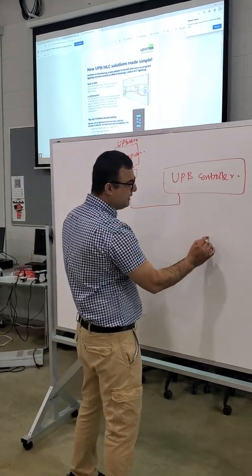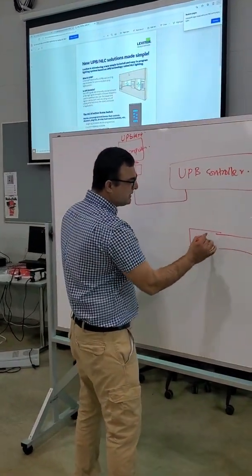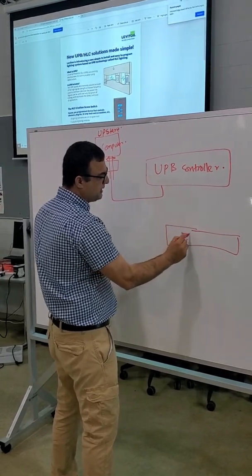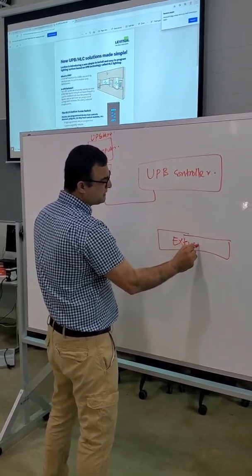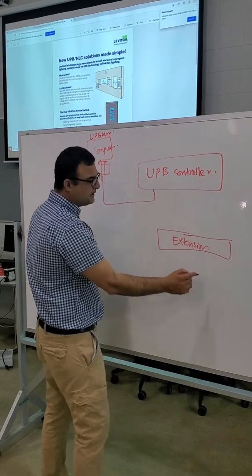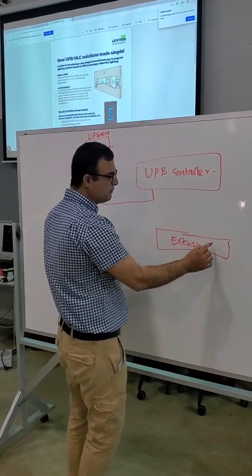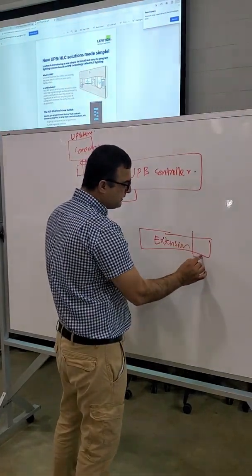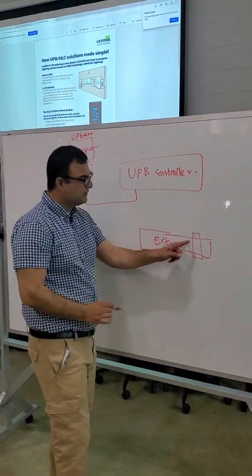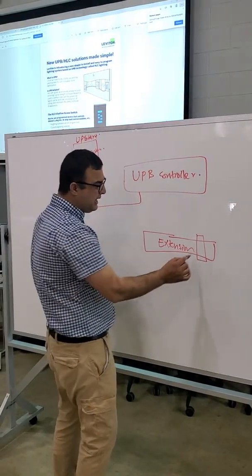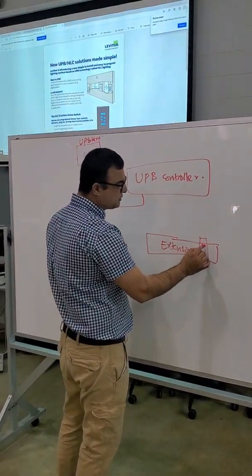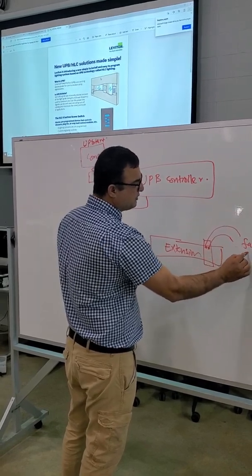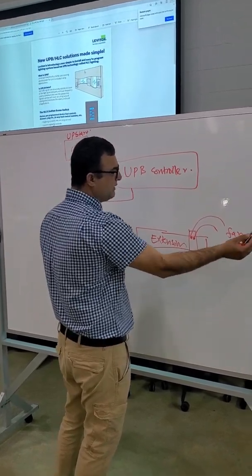Then we would have here a receptacle, an extension, and to this extension we are going to connect a smart switch. The smart switch is going to be connected to this extension cord, and then we are going to connect it, let's say, to a fan, or you can connect it to a coffee pot or whatever you want.